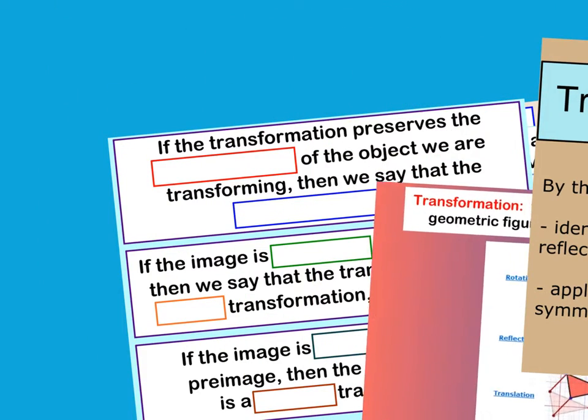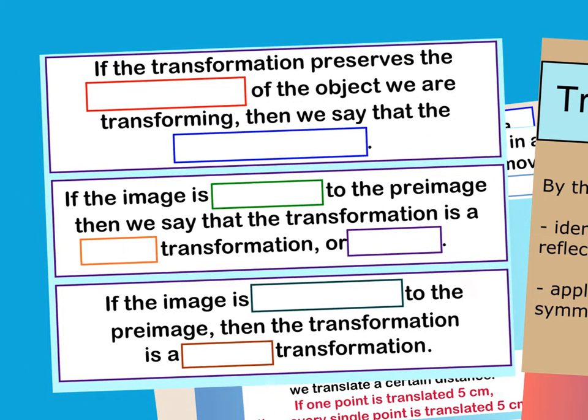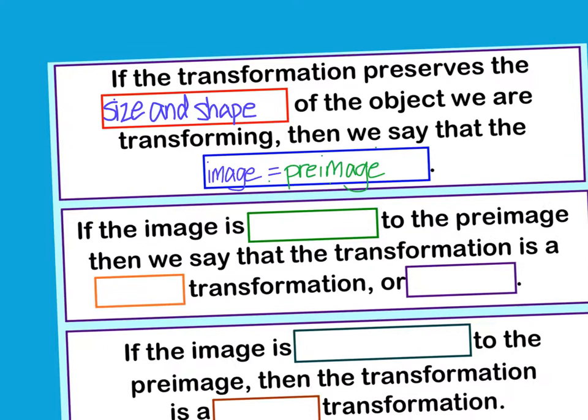Let's look at some more definitions. If the transformation preserves the size and shape of the object that we are transforming, we say that the image is congruent to the pre-image, meaning that the shape after you slide it or turn it will be the same exact shape as the shape before you slid it or moved it or turned it or reflected it.